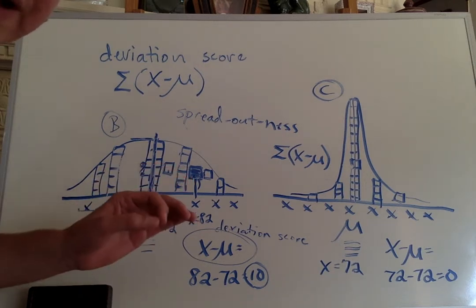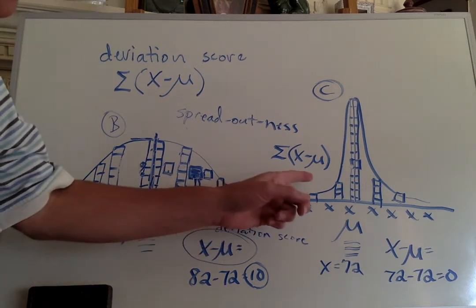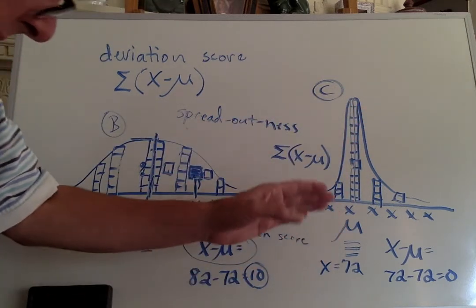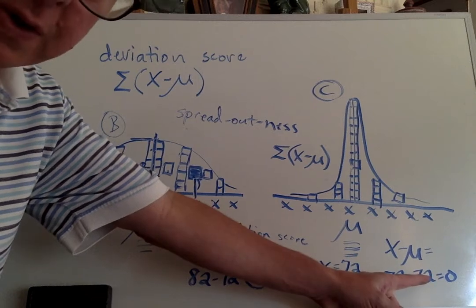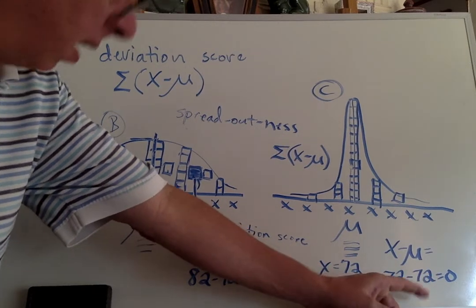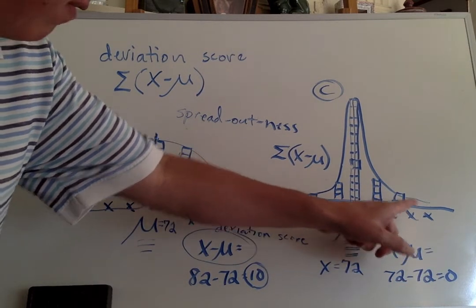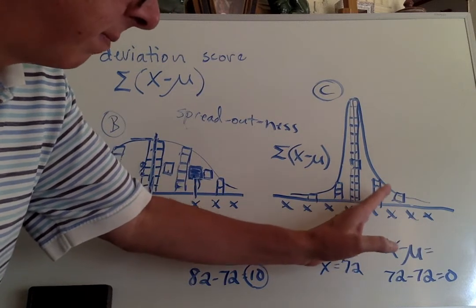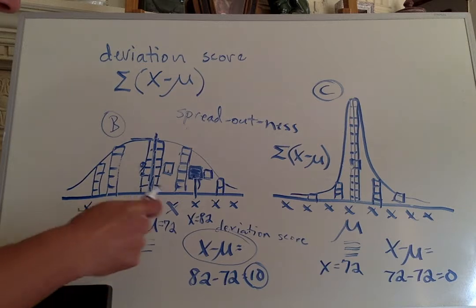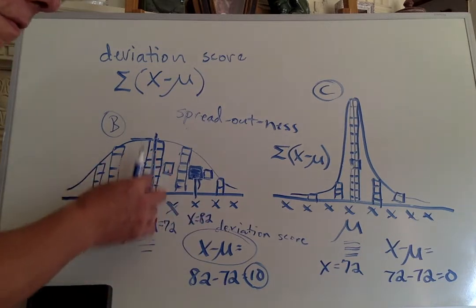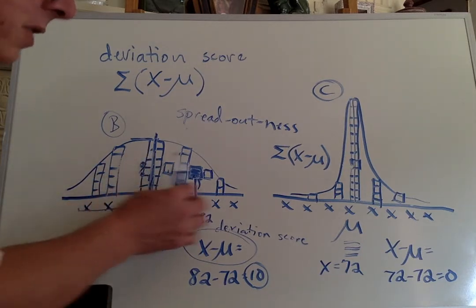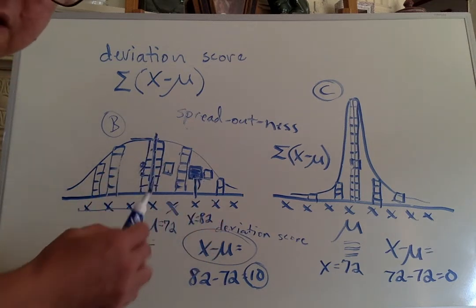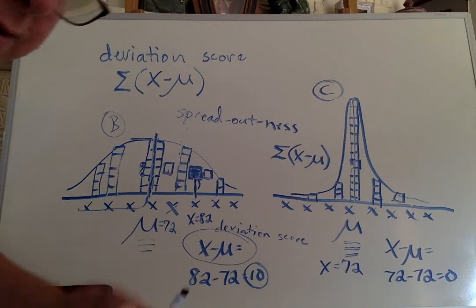Can anybody anticipate what will happen here? For C, there's a lot of people. A lot of the 100 will get a score of 0 for their deviation score. There will be some that have large deviation scores, right? There will be some that have intermediate deviation scores. But over here, there are fewer that will have a deviation score of 0, and there are more that will be deviant further away.